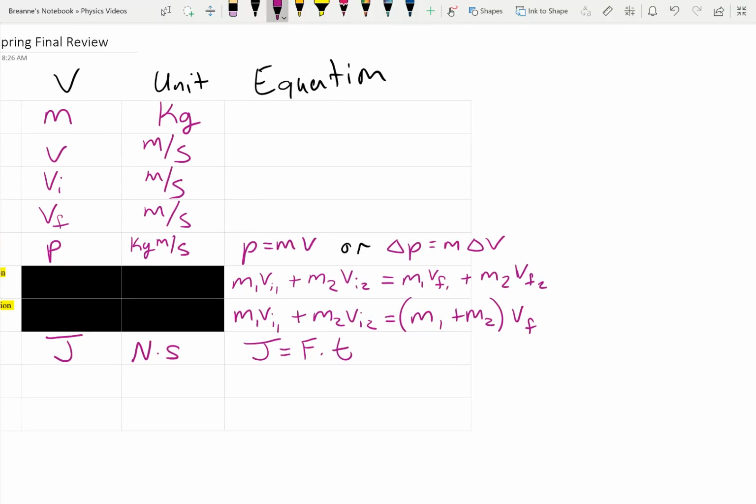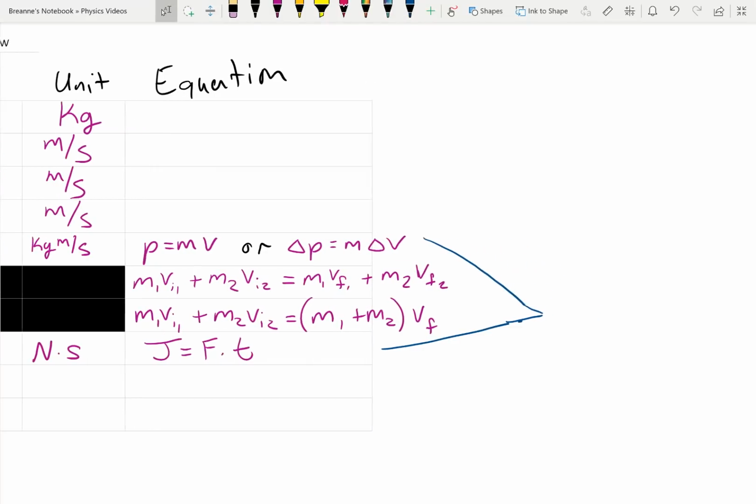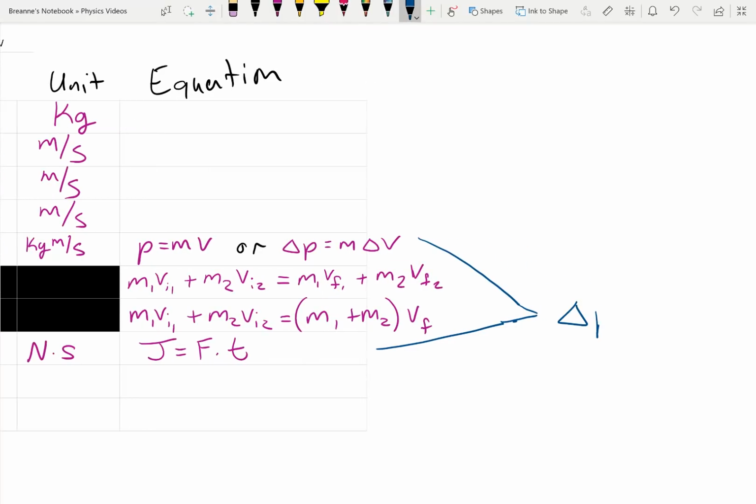Now, there is an equation that connects these two, because your change in momentum equals your impulse. So therefore, your mass times change in velocity equals your force times time.